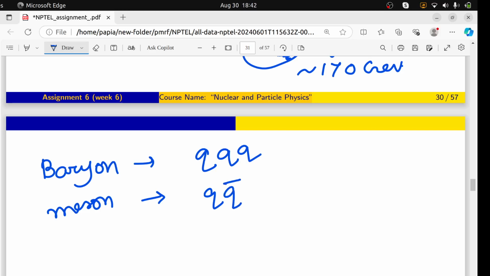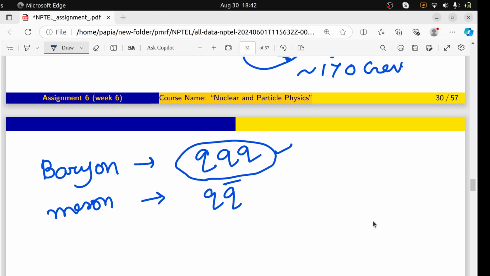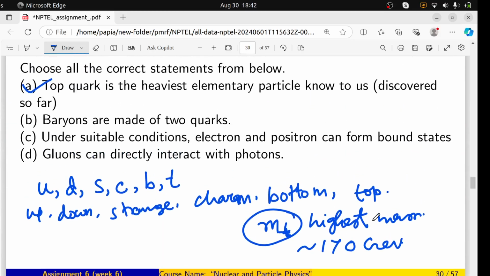So for baryon, a minimum of 3 quarks should be present, and for meson 2 quarks should be present, one is a quark and another one is an anti-quark. So baryons are made of 2 quarks, that is not correct, that is wrong.